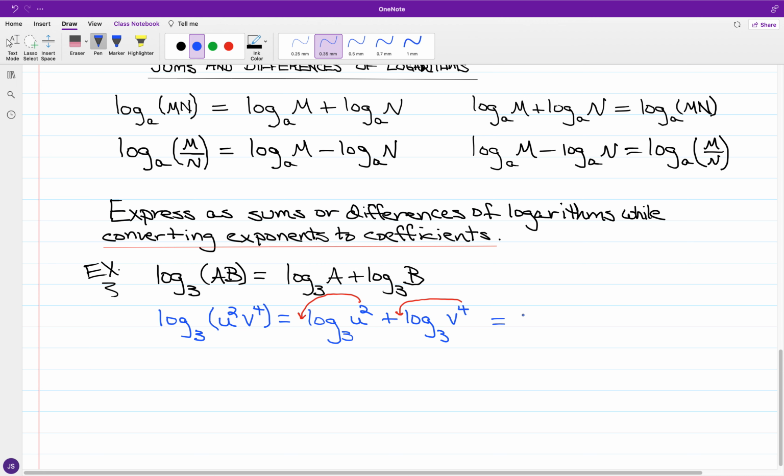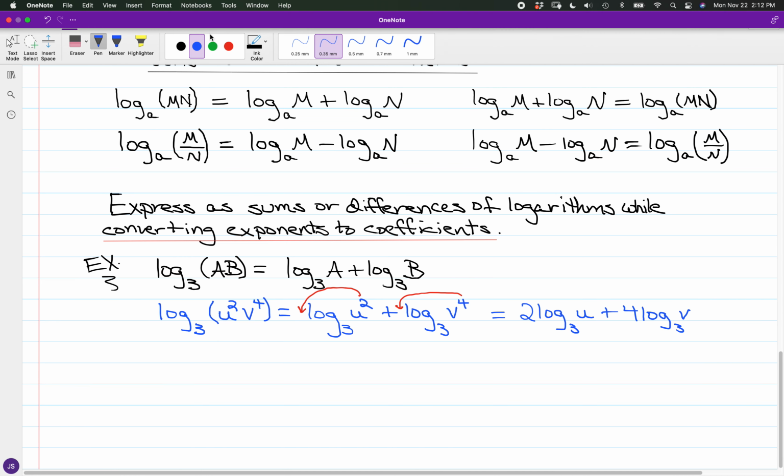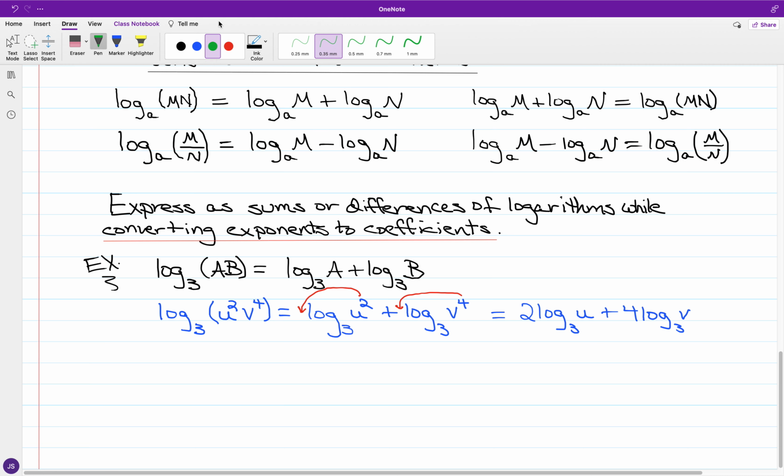And so here we're going to have 2 times the base 3 logarithm of u, plus 4 times the base 3 logarithm of v. Okay. And let's say that we have another property to enter the scene.